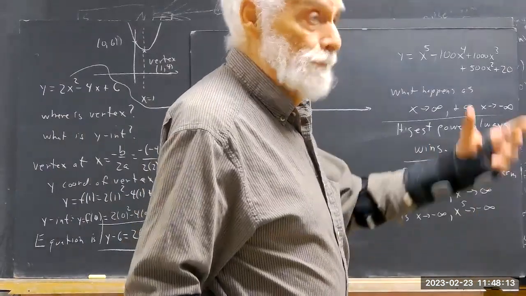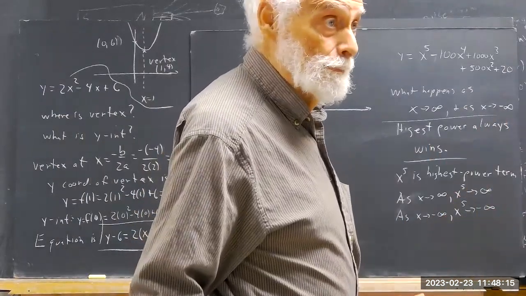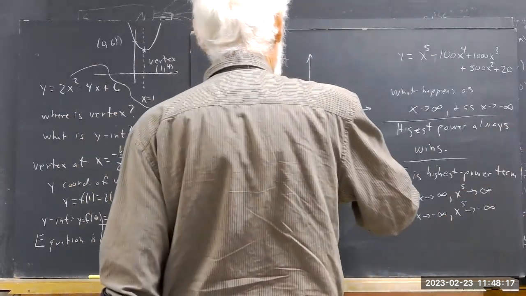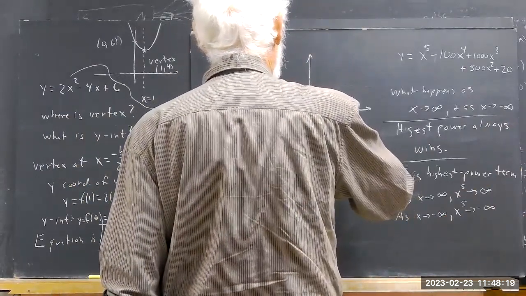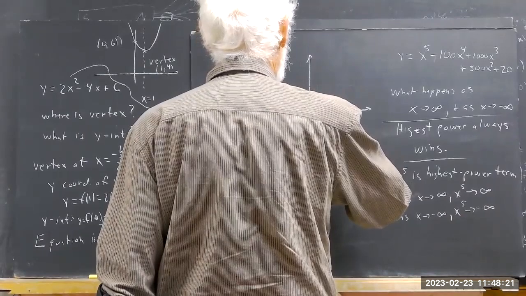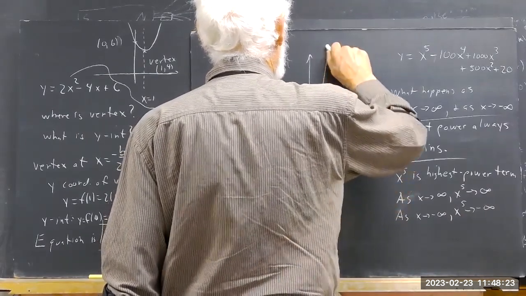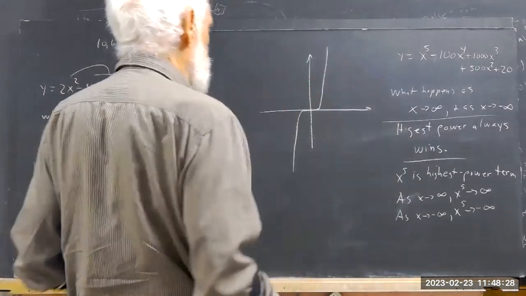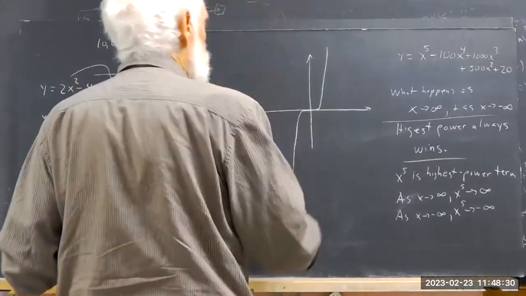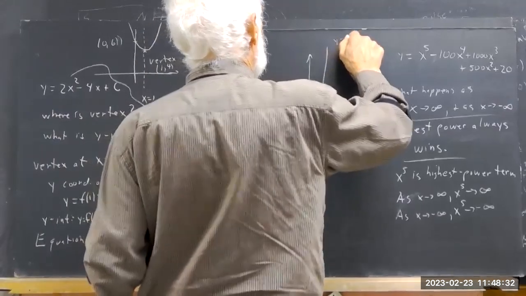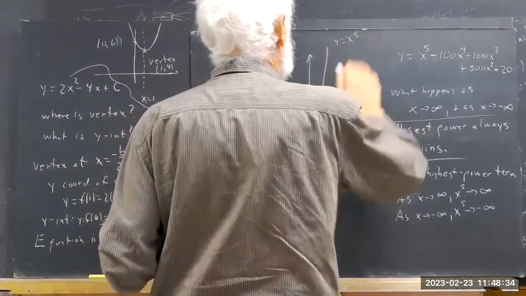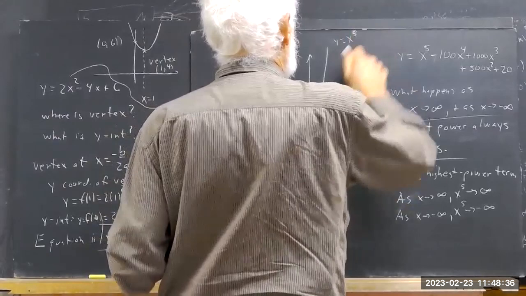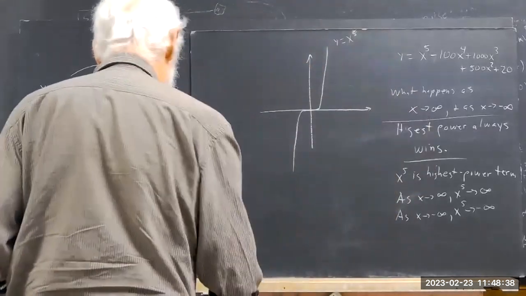Like I say, do those 4 graphs. Except it's a lot steeper here and a lot flatter. I didn't do a very good job. I should keep curving around it. Okay. So this is y equals x to the 5th.